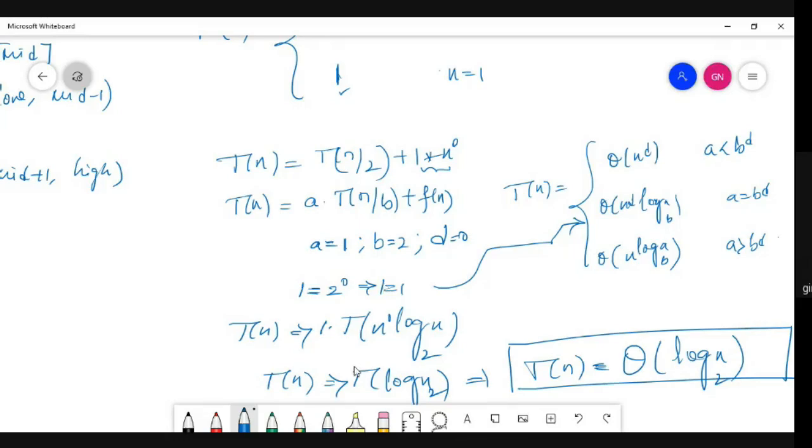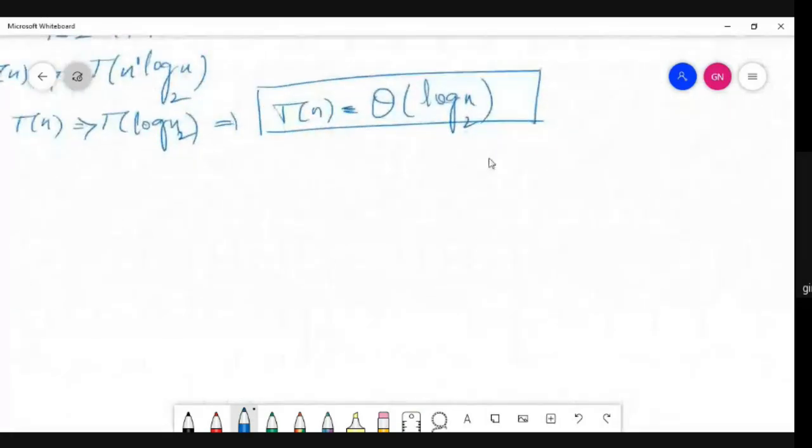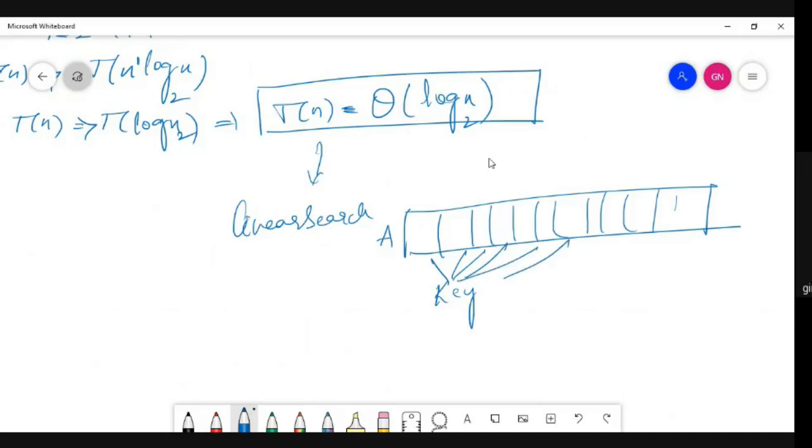Observe when you compare this with your linear search. I'll just take one example for linear search here. What does linear search tell? You have given an array for me which is unsorted, and then you have given a key for me. Imagine that I check each of the elements.